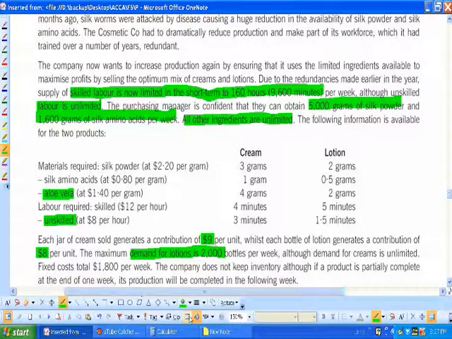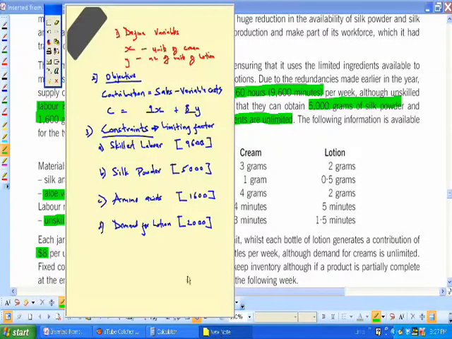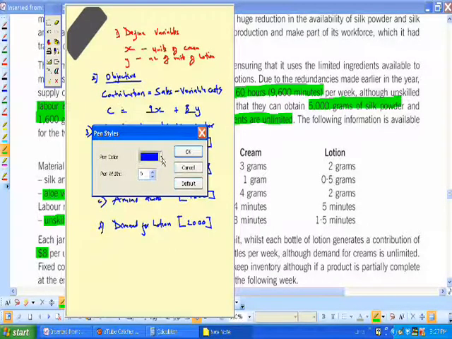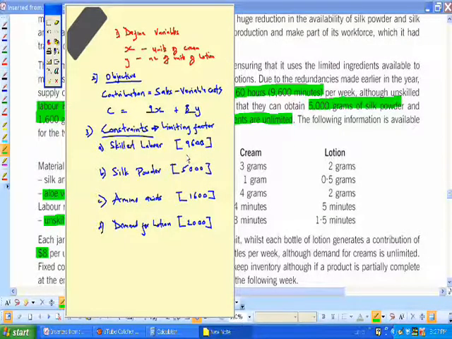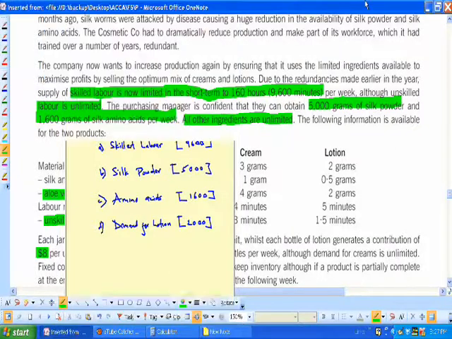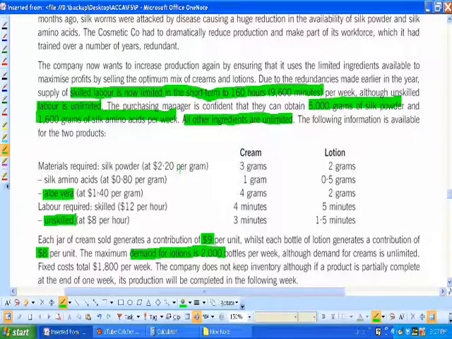So the next thing is we need to form equations to represent those constraints. That's something very simple. I'll quickly show you. The first thing we're looking at is skilled labor. If we go back to the question, if you look at this section, which I'm just going to highlight here, they're telling us that skilled labor is limited to 9,600.